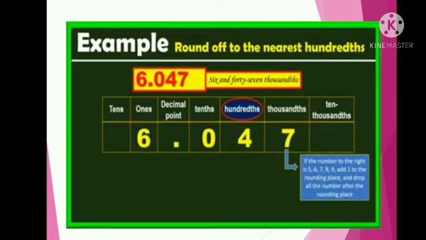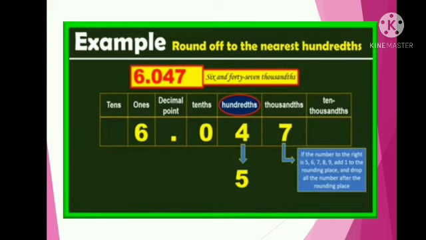And based on our rules, if the number to the right is 5, 6, 7, 8, or 9, add 1 to the rounding place and drop all the numbers after the rounding place. Kaya naman, yung 4 ay magiging 5. Then, kopyahin ang natitirang digit na nasa kaliwa, pati ang decimal point.